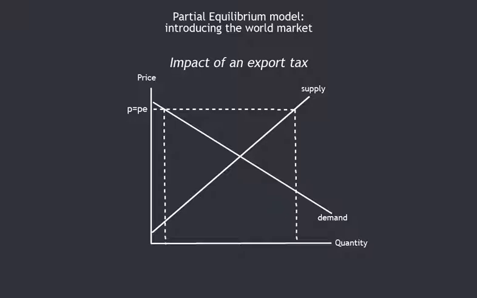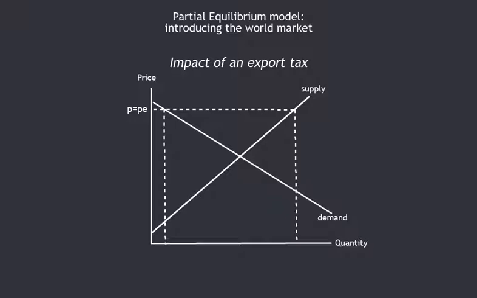What happens with an export tax? Initially, without an export tax, local producers are indifferent between selling on the local market and exporting. But with taxation it's different, because exports are now taxed.